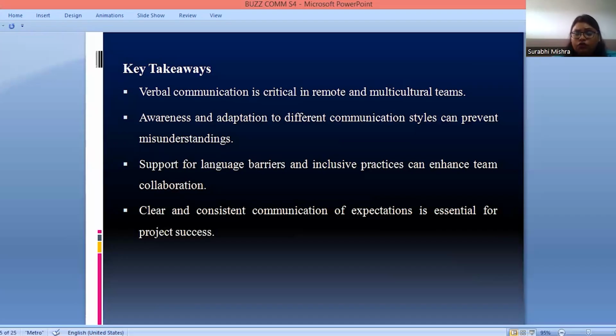Everything was communication, and everything was used just to accomplish the business goal within the stipulated time period and to make a very good bond between the team members, right? So this was all about verbal communication, the caselet of verbal communication. Now further we'll be discussing the non-verbal case studies.